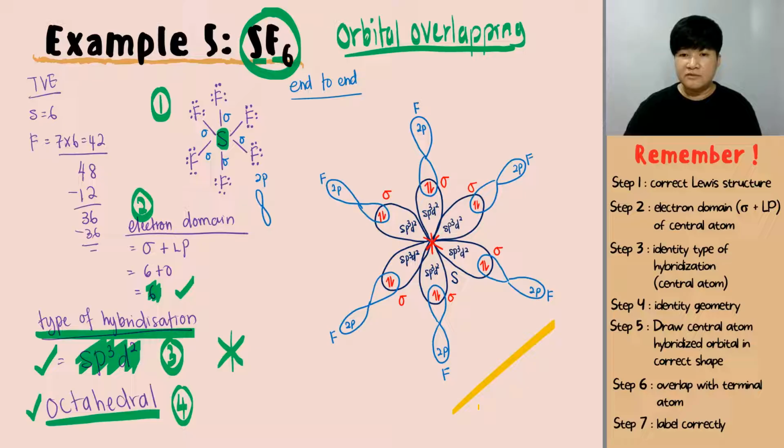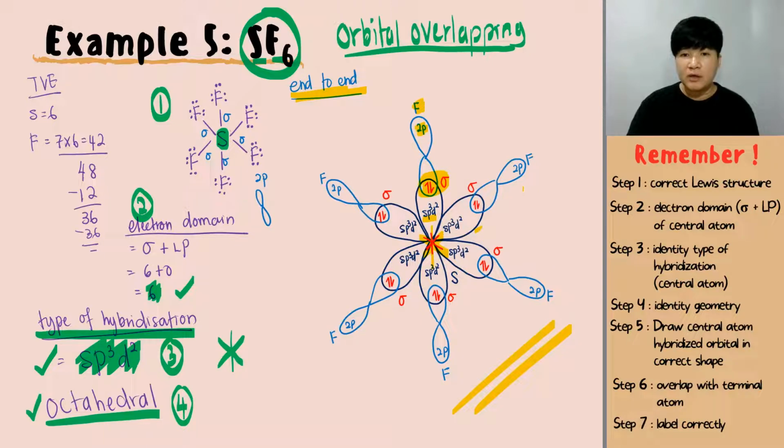So we are done with the orbital overlapping of your SF6. You can see over here, that is your octahedral of your sp3d2 hybridized orbitals. Each of the sp3d2 hybridized orbitals will overlap end to end with a 2p orbital of the fluorine to form 1 sigma bond.